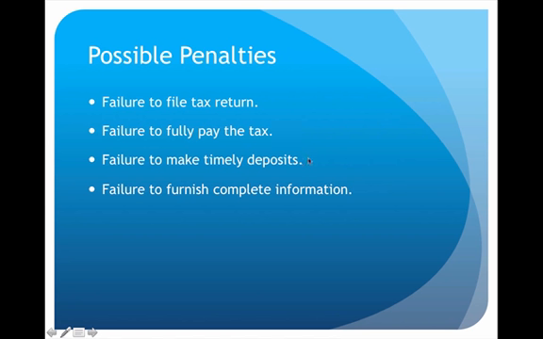The next possibility, failure to make timely deposits. Remember, if we're a monthly depositor, we better make those deposits every single month. If we are a daily depositor, we better make those deposits every day. It's very important that we adhere to that. And finally, failure to furnish complete information. So if any of these things occur, we will be hit with a possible penalty.